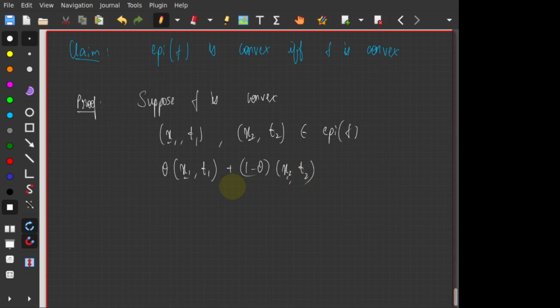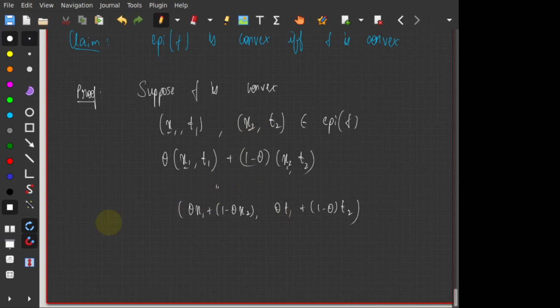You want to prove that this is also in the epigraph, but this is just (theta x1 plus 1 minus theta x2, theta t1 plus 1 minus theta t2). For this to lie in the epigraph, it must be the case that the right hand side is greater than or equal to f of this particular point.